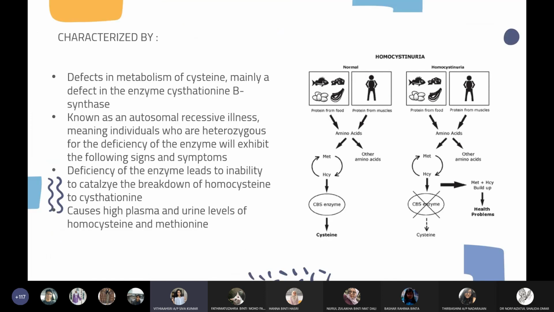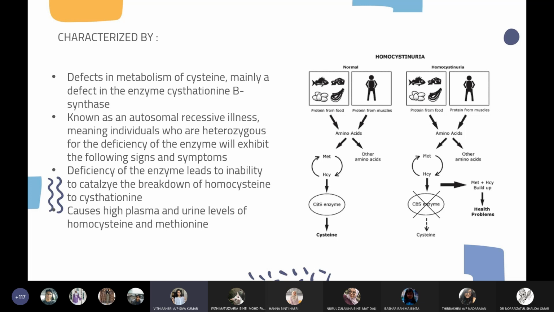Next slide, please. So basically, there is a defect in the metabolism of cysteine, whereby a patient having this disease lacks the enzyme cystathionine beta-synthase, which converts homocysteine to cystathionine.